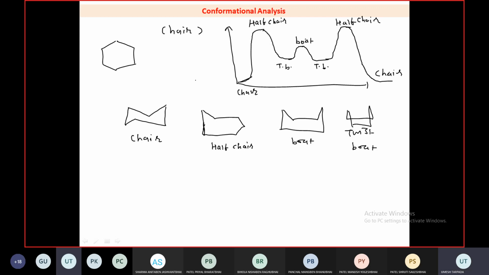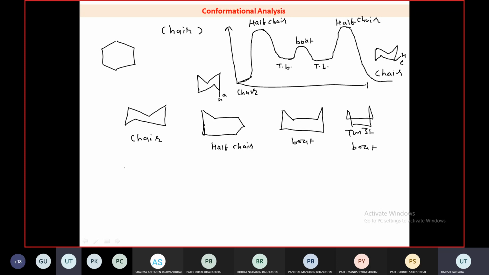If you give this one cycle rotation, what happens? All the axial hydrogens become equatorial. Approximately 36,000 such interconversions per second take place in a solution of cyclohexane.